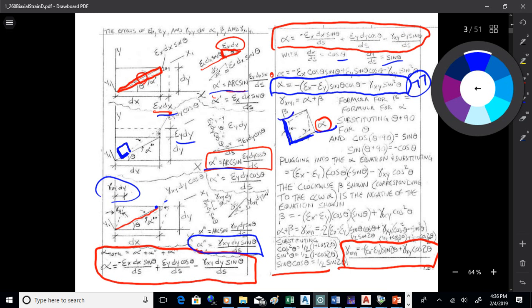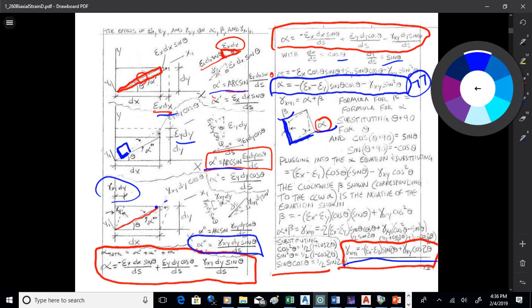To find the formula for the other line, we add 90 degrees to all of these thetas, because beta is at 90 degrees to alpha. Do a bunch of trig identities, add alpha plus beta, and we'll get gamma x1 y1. And that is formula 72.